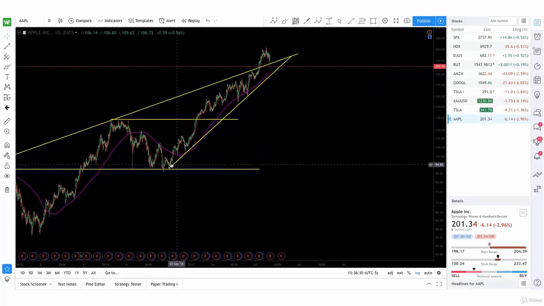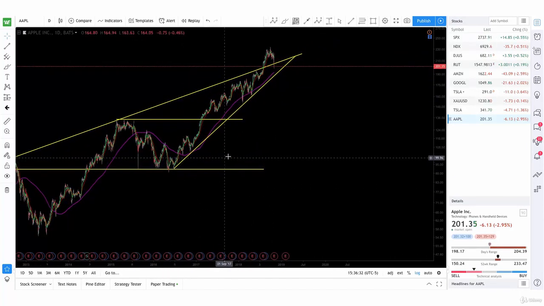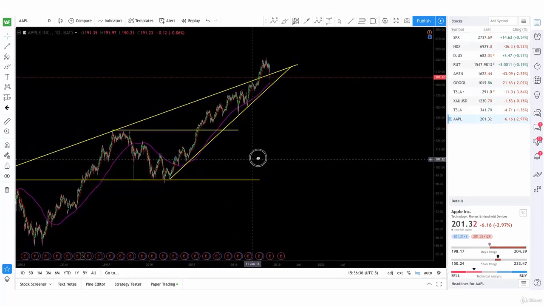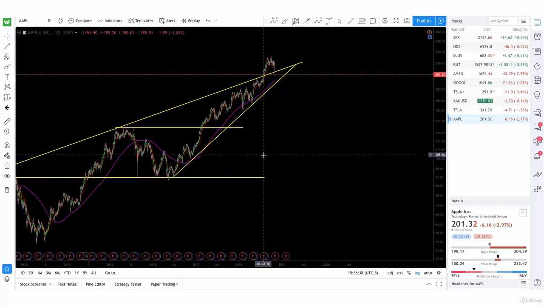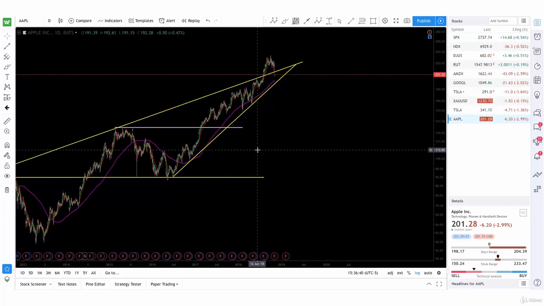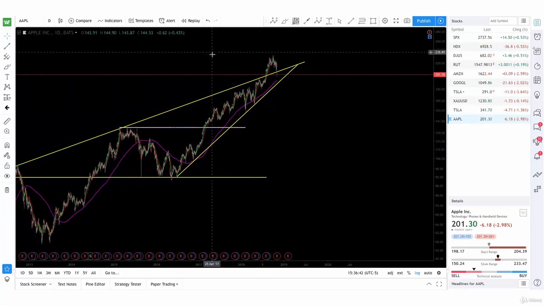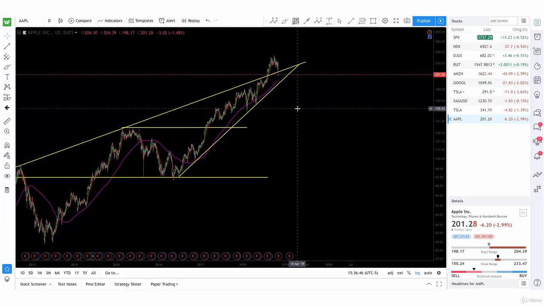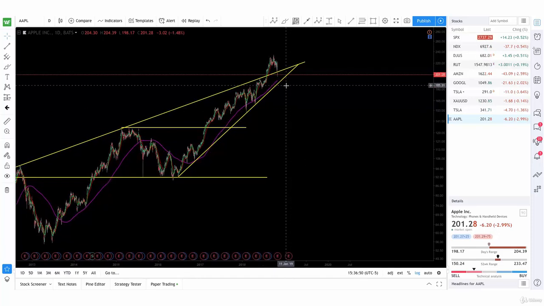Now, the more times it touches a line, the better reference it is as far as a support or a resistance. Now, keep in mind that they switch depending on the price, if it's over the line and under the line. They always become either support or resistance after it's broken.